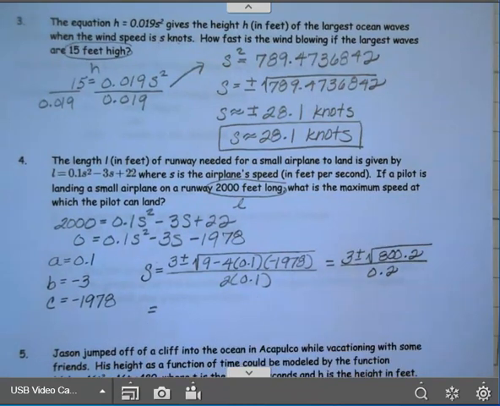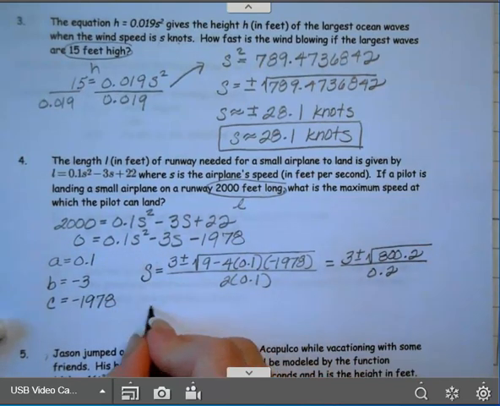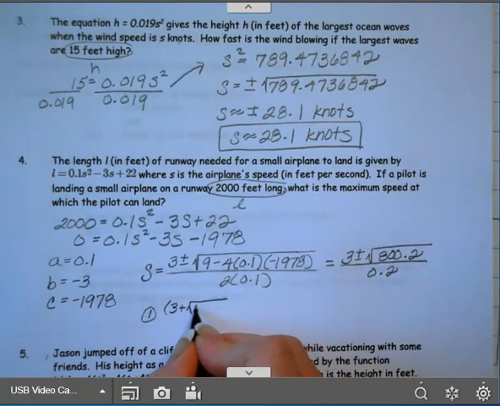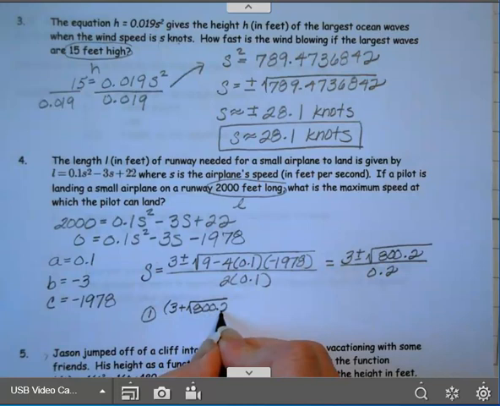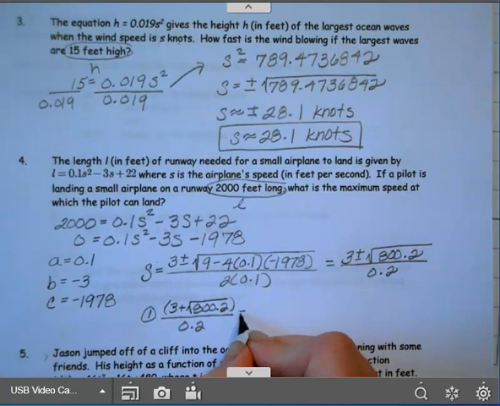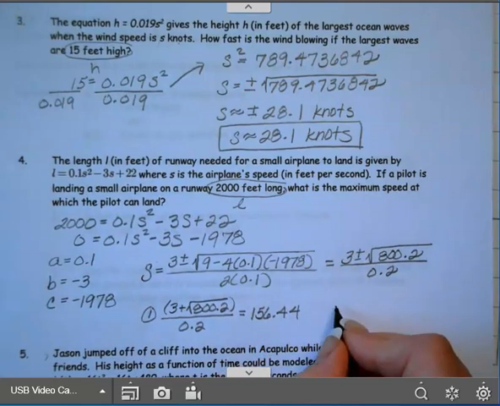So on my first one, that's not a perfect square, so let's just go ahead and write it like this. You're going to put in parentheses 3 plus the square root of 800.2. And then you'll divide that whole thing by 0.2. And that's going to be 156.44 on your calculator.